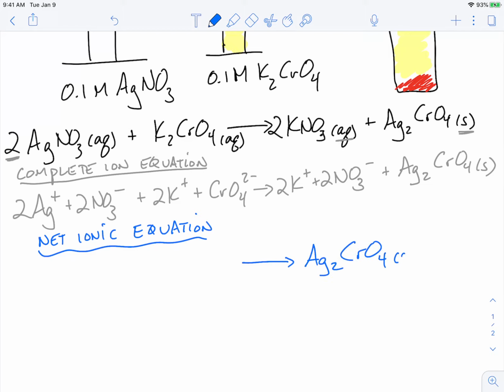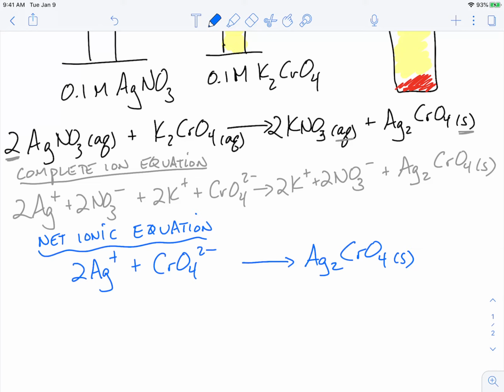So this is our formula of our precipitate. And focus on what ions went together to make our precipitate. Well, it must have been the silver ion and the chromate ion. So what we do is we locate those ions in our equation. And we have the silver ions and we have the chromate ions.